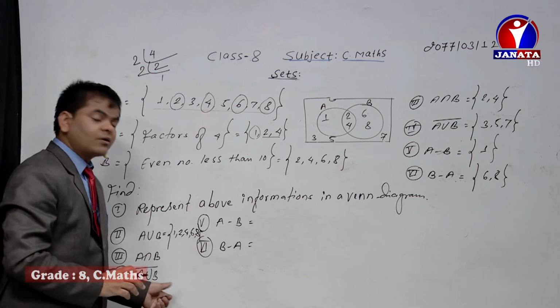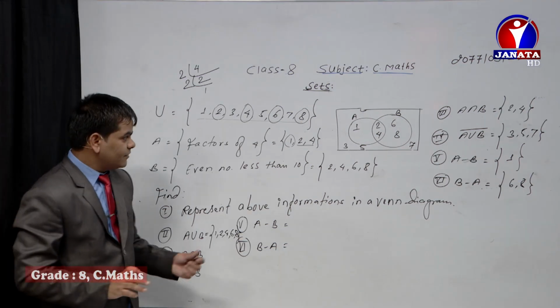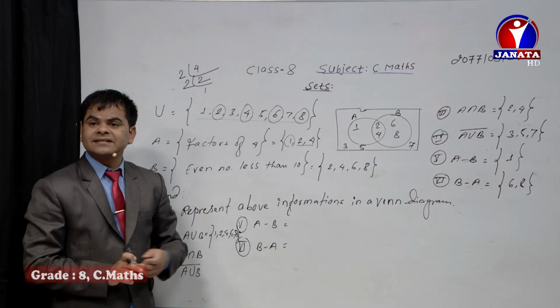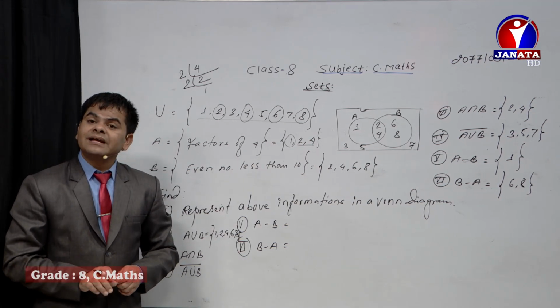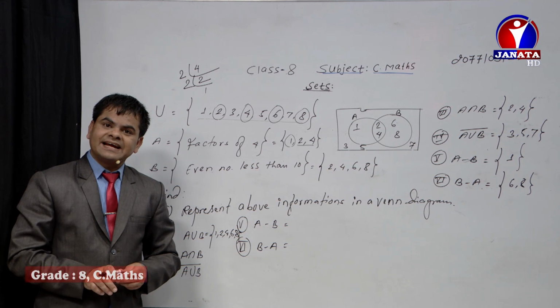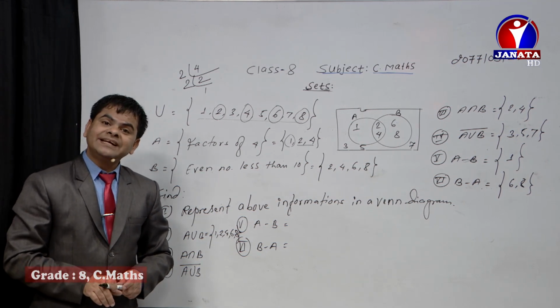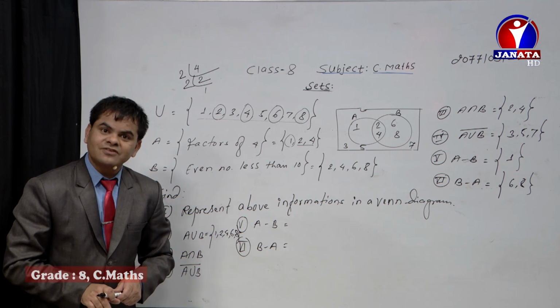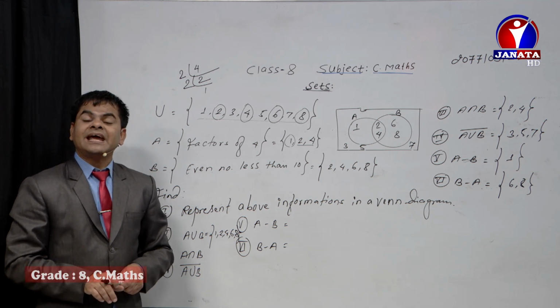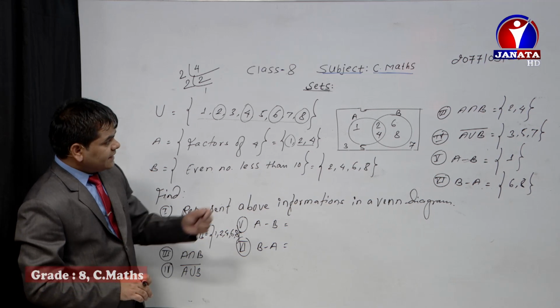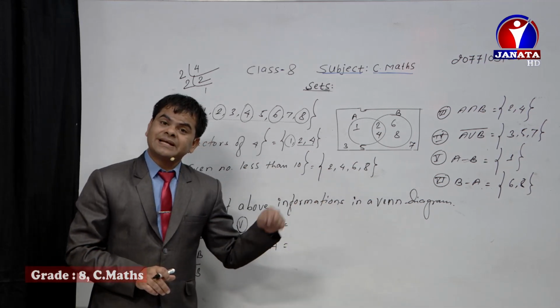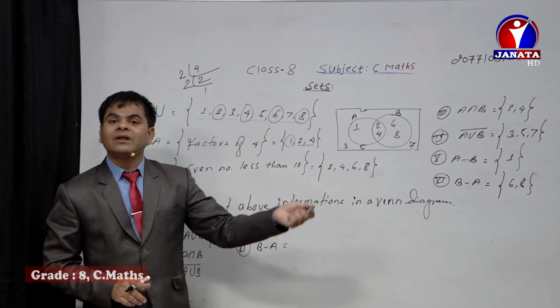And A union B complement represents everything except the elements of set A and set B. That means those elements which are found in the universal set but not found in sets A and B. And A difference B means those elements which are present in only the A set.